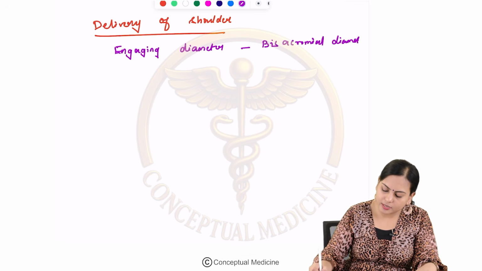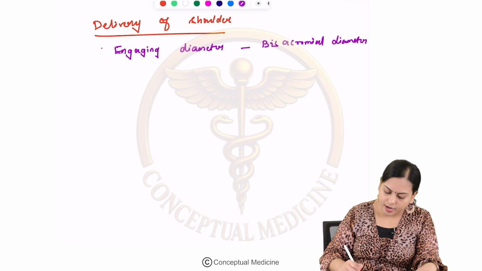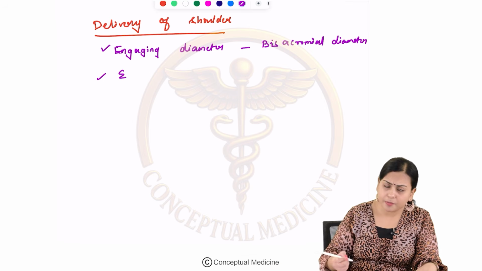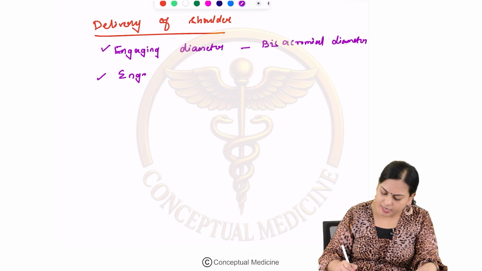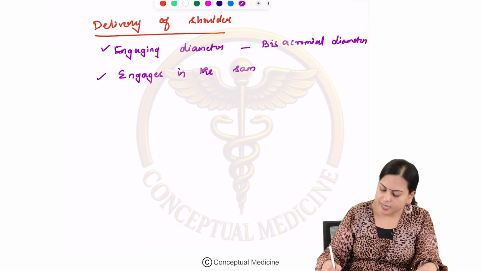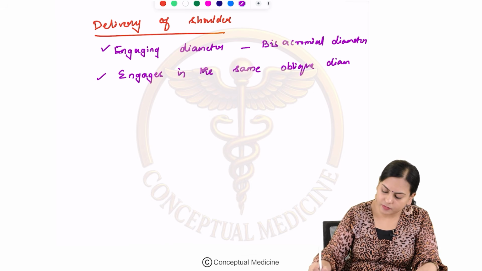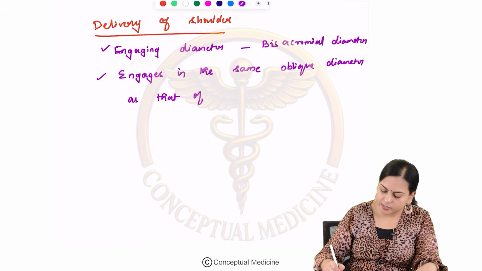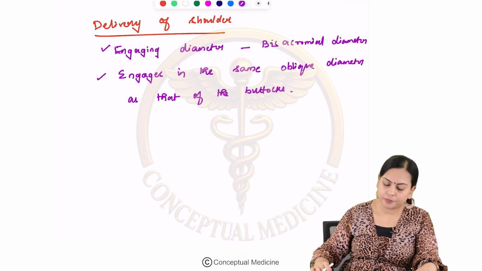The engaging diameter changes now. And remember, this diameter engages in the same oblique diameter as that of the buttocks. Clear?